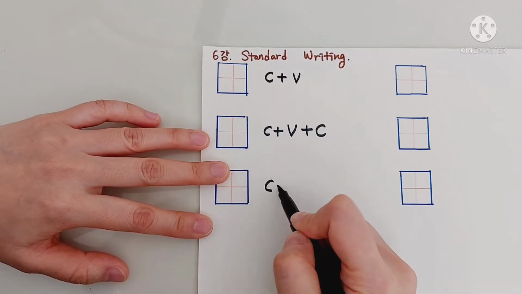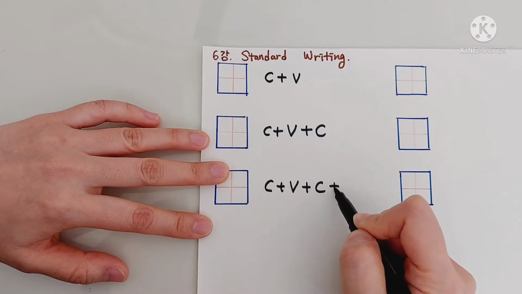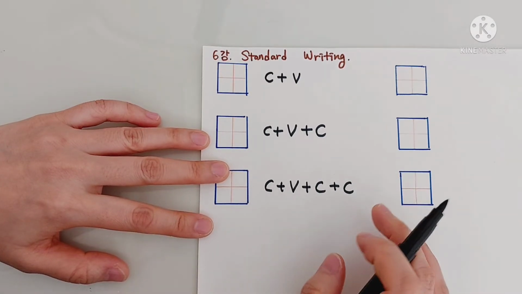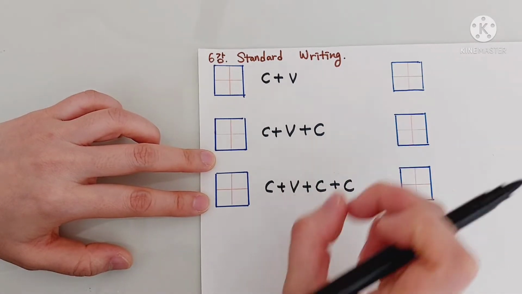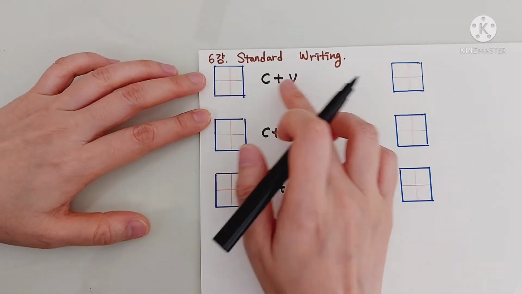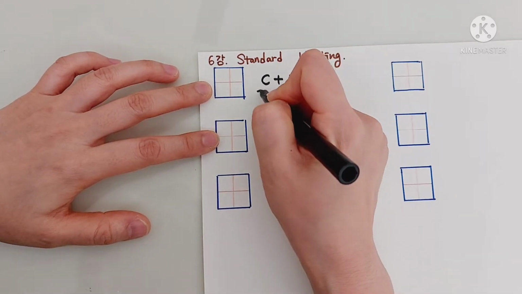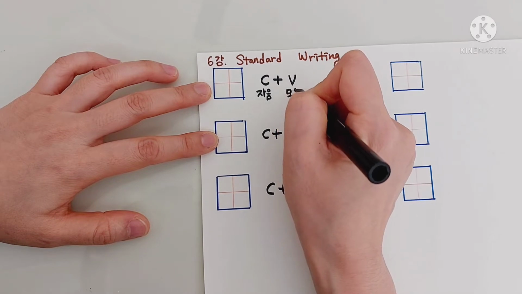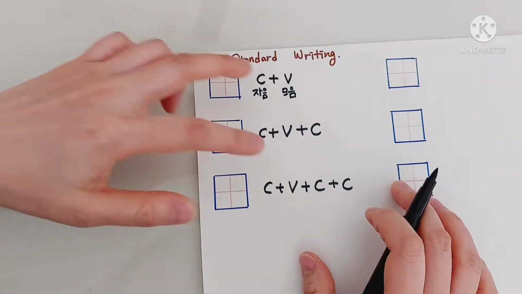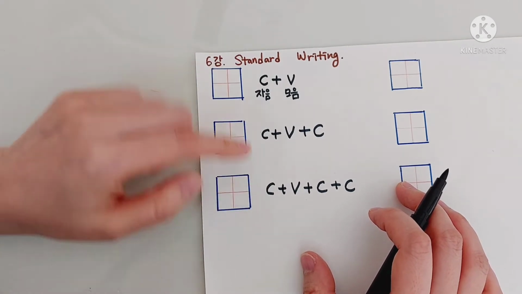Or consonant, vowel, consonant, consonant. Rarely we have four letters for one word. So consonant, vowel, 자음, 모음. These are kind of common, and this one is rare.